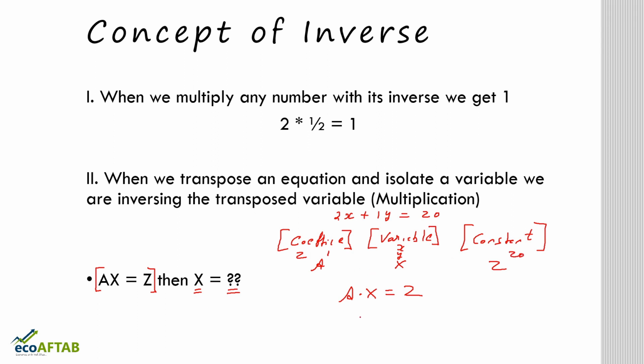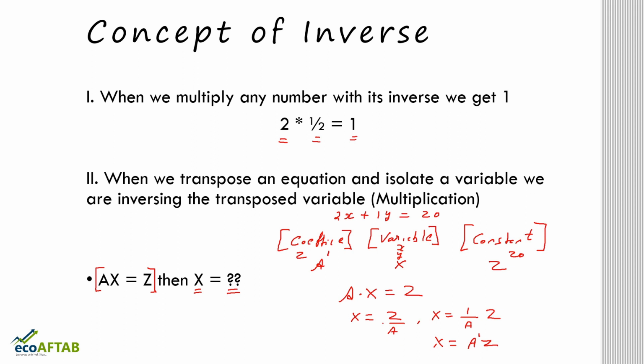Now when you want to find out what is x, this A will be coming on this side. So automatically it will be Z by A, or we can say X is equal to 1 by A into Z, or in other words we can simply say X is equal to A inverse Z. You can see, 2 multiplied by half is 1.